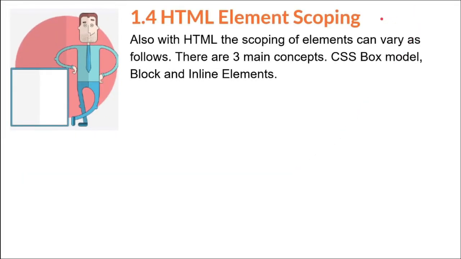Okay, HTML element scoping. As with scoping of CSS rules, we can have HTML elements having their own scope. Also with HTML, the scoping of elements can vary. There are three main concepts: the CSS box model, the block container, and the inline container elements.